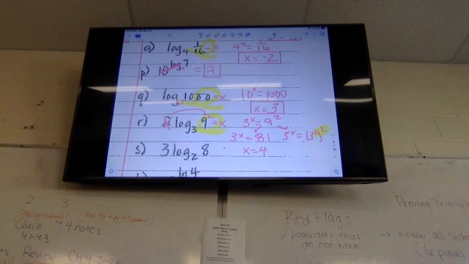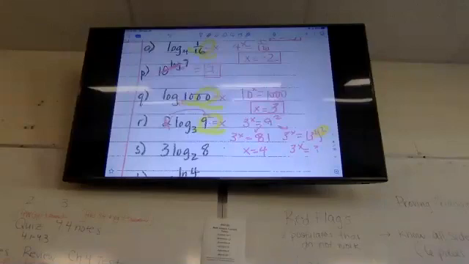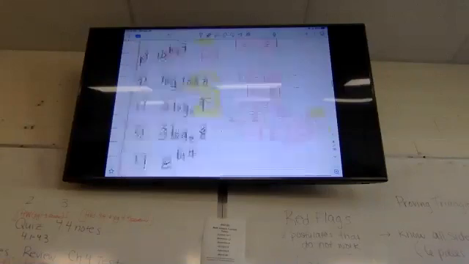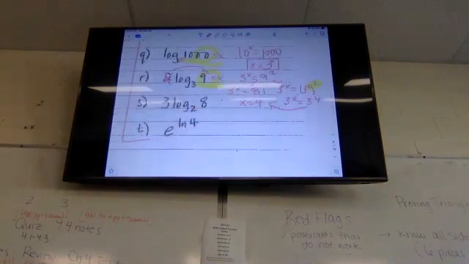Not add them, multiply. Add is when we're doing like 3 squared plus 3 squared, then you add them. Truly doesn't matter here because 2 plus 2 and 2 times 2 is both 4. But 3 to the x is the same thing as 3 to the 4th, which is also how I know x equals 4.